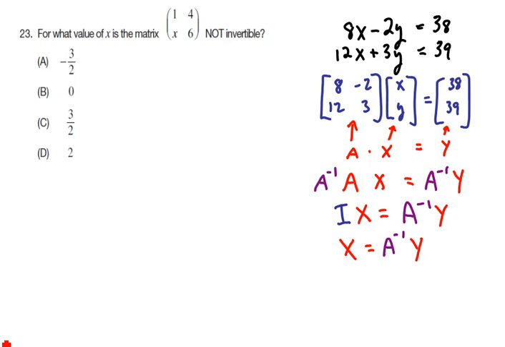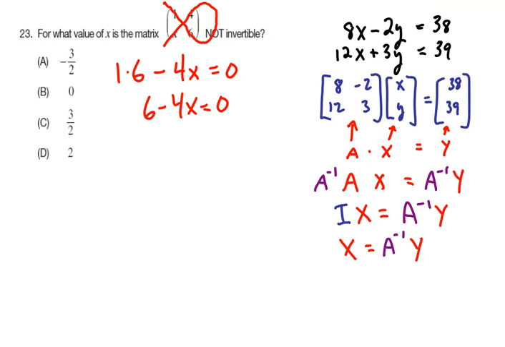So I start up here in the top, and I'm going to multiply 1 times 6 and subtract from that 4 times x. So I would write that 6 minus 4x, and that will not be invertible when this is equal to 0. So I get the equation 6 minus 4x equals 0, and 6 equals 4x, and x equals 3 halves.